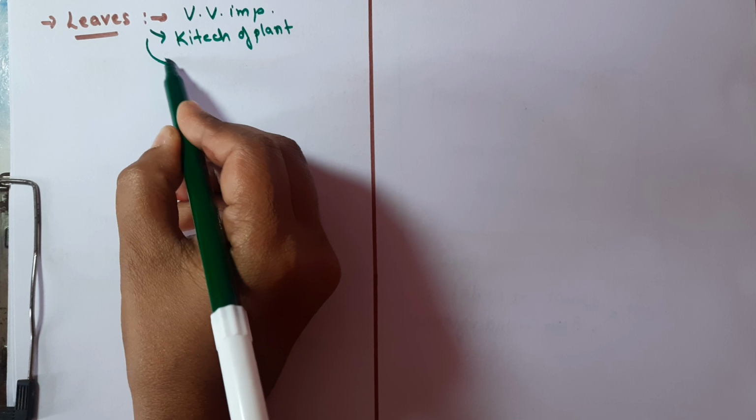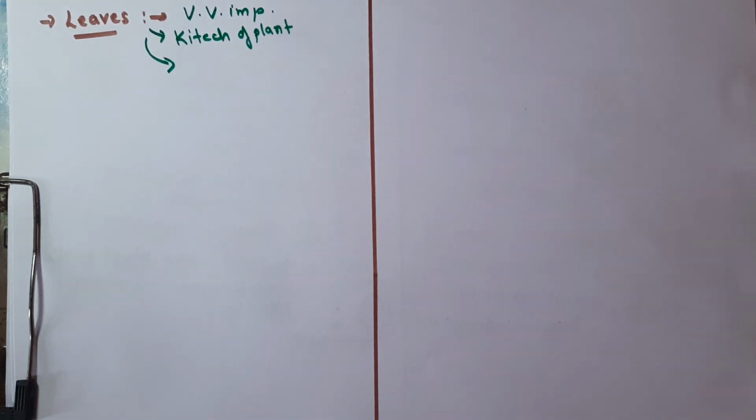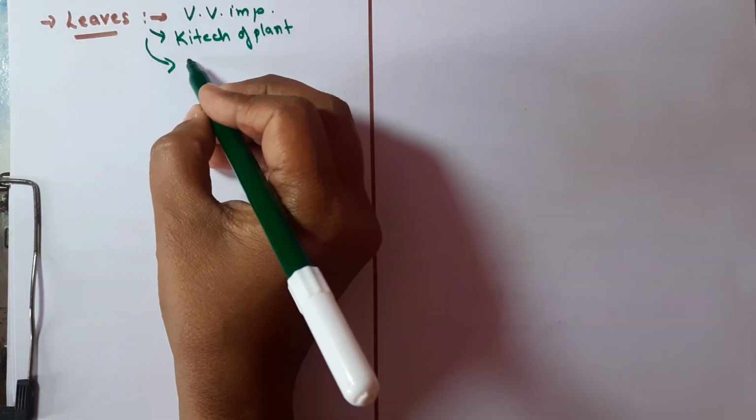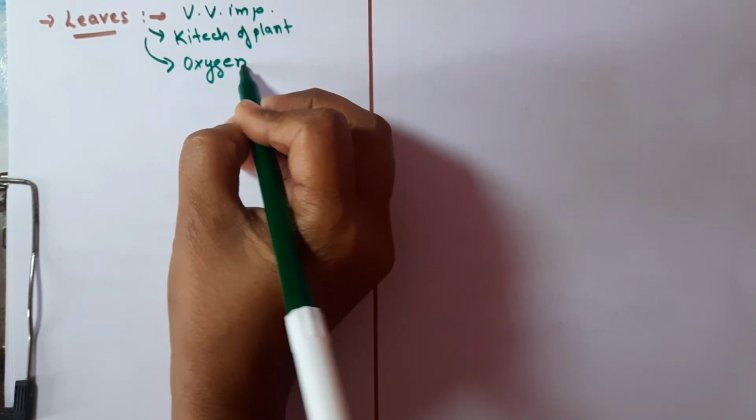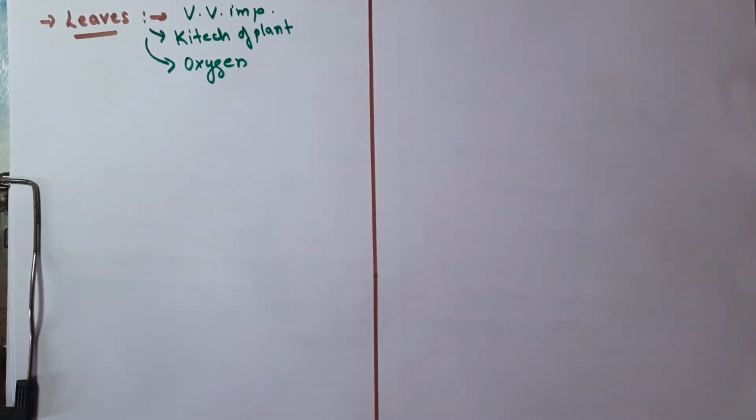Also, the leaf gives out oxygen when it is making the food. And for our survival, we need to inhale oxygen, right? So that oxygen is provided by the leaves.